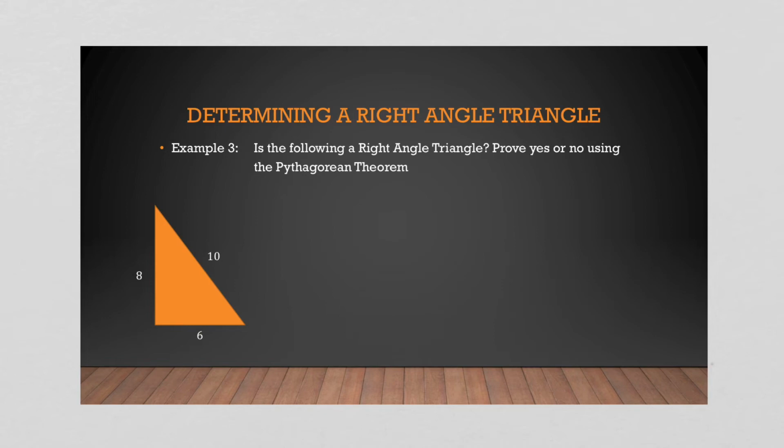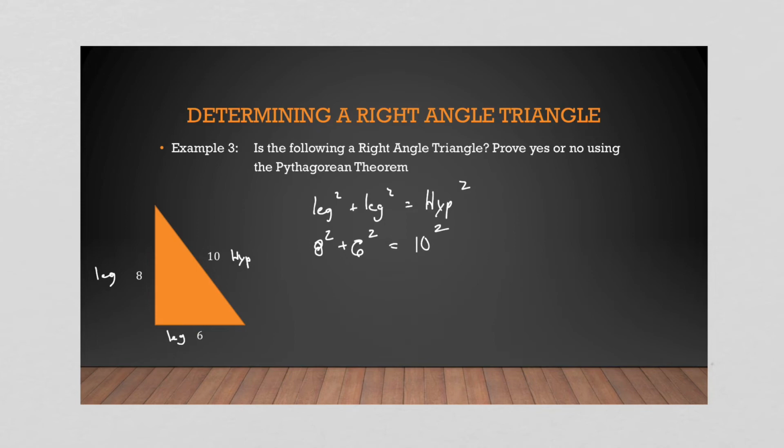So we just use substitution here. Remember that this is a leg, and this is your hypotenuse. So the Pythagorean theorem tells us that the leg squared plus the leg squared should be equal to the hypotenuse squared. So we just plug in. I have 8 squared plus 6 squared should be equal to 10 squared.